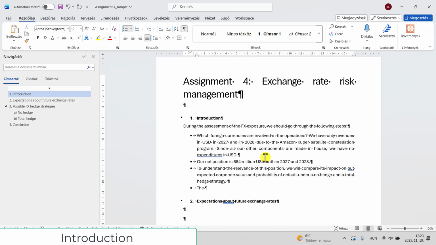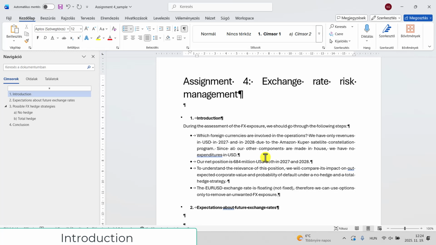So the exchange rate is floating, not fixed. Therefore, we can use options only to remove an unwanted exposure.